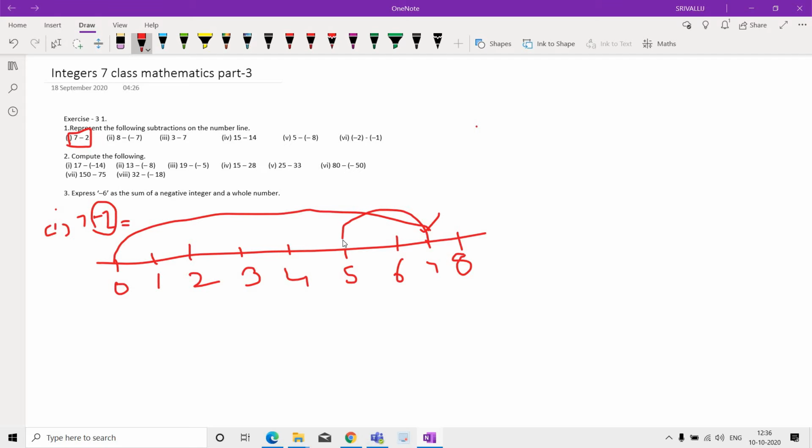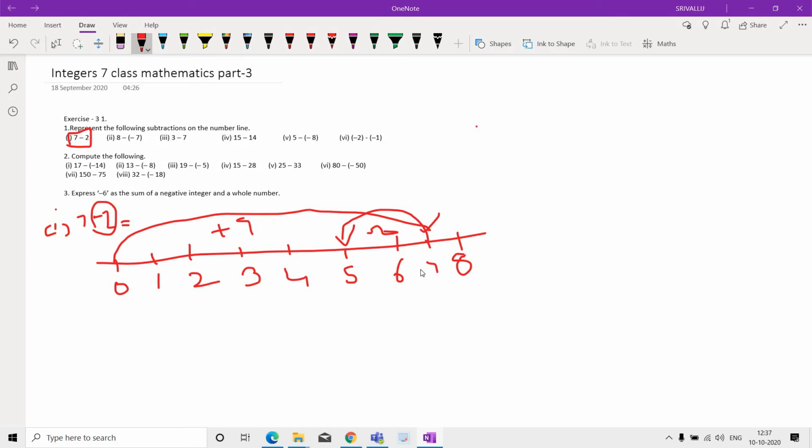I am jumping backward. So we are getting plus 5.